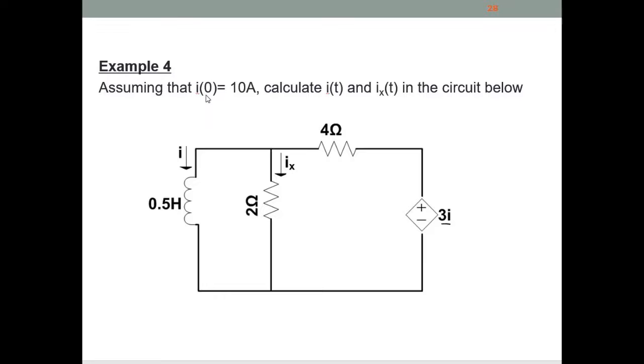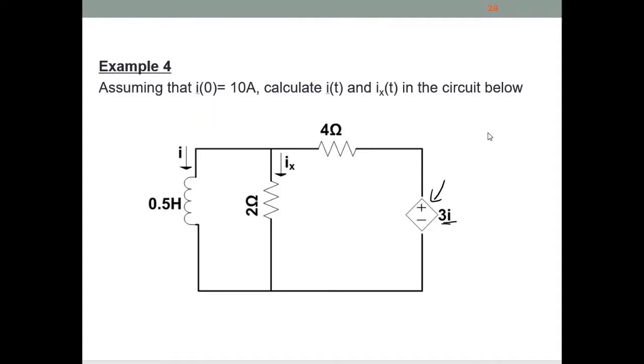Example 4. Assume that the initial current for this inductor is 10 ampere. Calculate i(t) and ix(t) that flow through this 2 ohm resistor in the circuit below. This circuit is quite difficult because it involves a dependent source, which is a voltage source controlled by the current here.